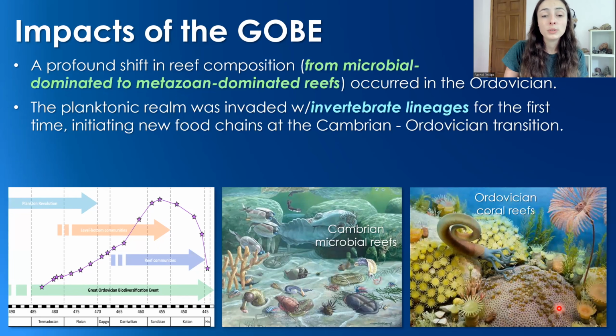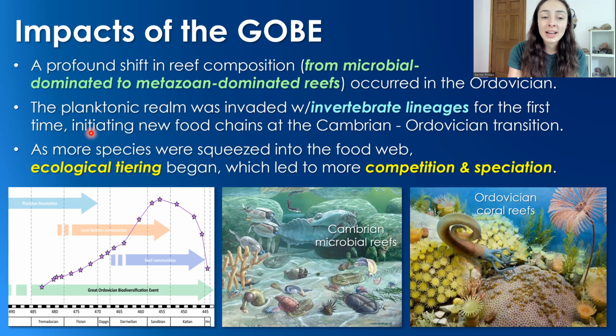The planktonic realm was also invaded for the first time with invertebrate lineages, and this initiated new food chains to form at the time of the Cambrian Ordovician transition. And as more species were squeezed into the food web and different food webs were forming, you had ecological tiering begin, and that led to more competition and more speciation, or the formation of new species, which led to diversification.